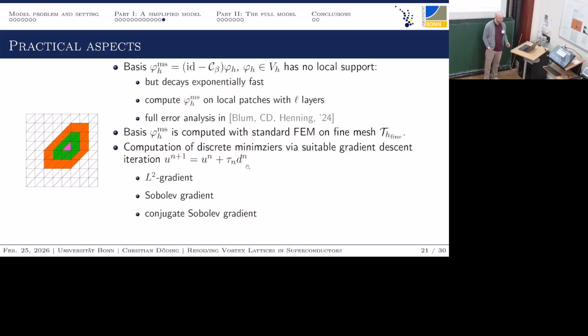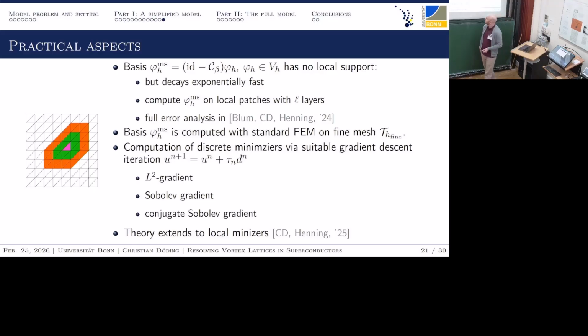They again have this form, and this descent direction you can choose again as an L2 gradient or metric-driven Sobolev gradient if you want, or also conjugate methods. Although I have to say, in comparison to the previous talk, we do not have a constraint minimization problem, so there are actually no eigenvalues involved. But the framework essentially you can use here as well.